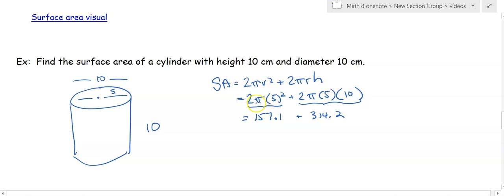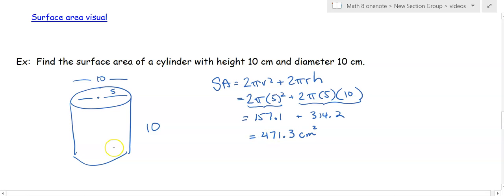And again, since pi is irrational, these numbers will be irrational as well, so the best you can do is round off and get an estimate, your best estimate for the answer. So when I add those two together, I now get 471 point approximately 3. And again, I look back at the question: centimeters squared for area.